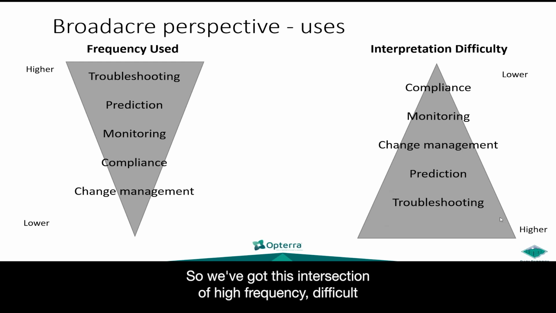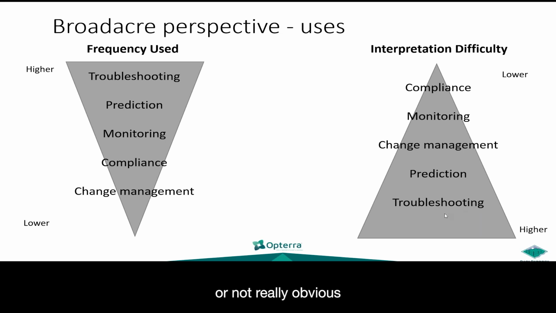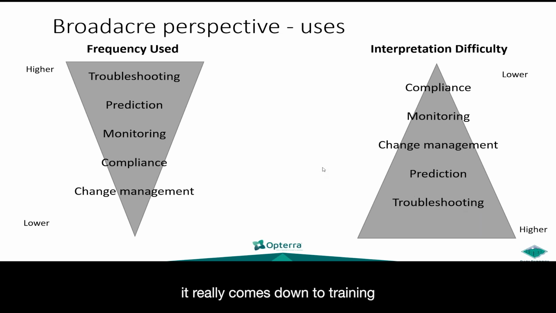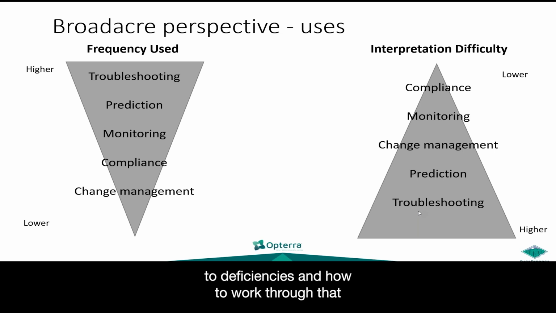So we've got this intersection of high frequency and difficult to interpret, and what that usually ends up with is the answer to the problem that you're trying to troubleshoot is not immediately available or not really obvious, and people doubt the usefulness of plant analysis. It really comes down to training and understanding the physiology and the biochemistry of how plants react to deficiencies, and how to work through that in the way that nutrients display in a report.